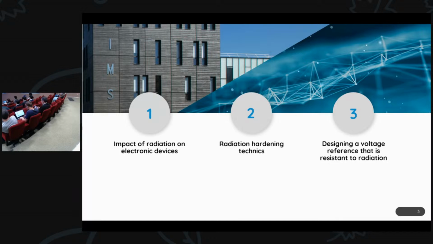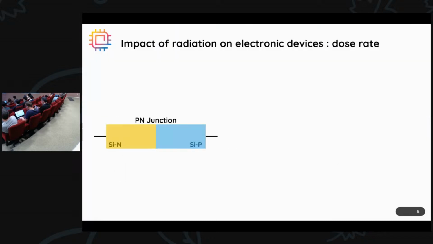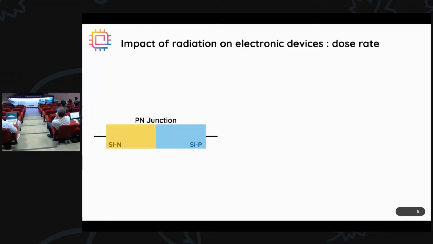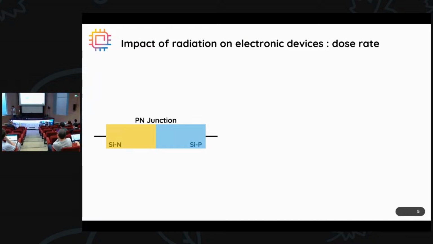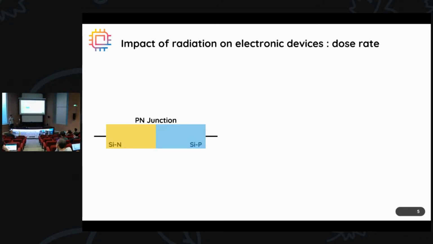So first, let's start with the impact of radiation on electronic devices, starting with the dose rate effect and then the dose effect. Here is a PN junction, which is really common in nanoelectronics.